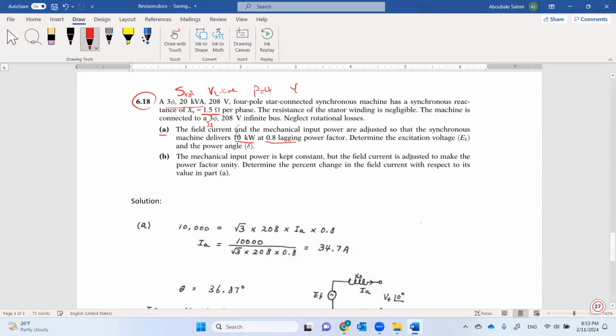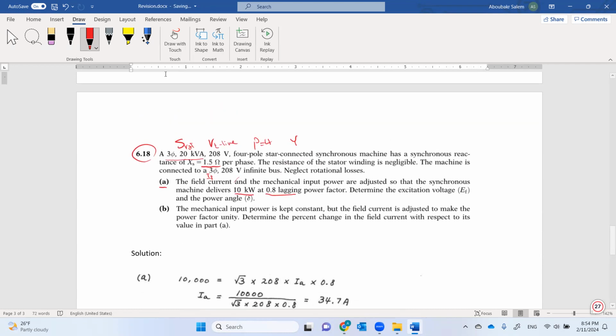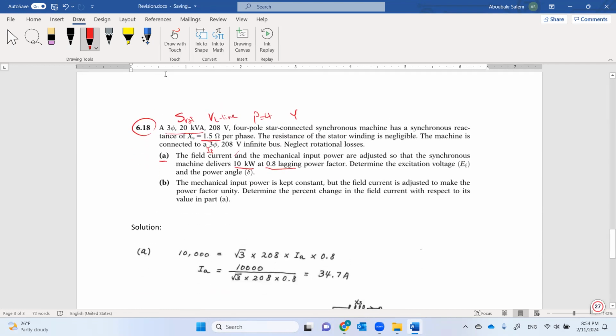We have 10 kilowatts and we have 20 kilovolt ampere. What's the difference now? Actually, 20 kilovolt ampere, guys, is the rated value of this machine, but it doesn't mean that all of the time the machine is going to work at this power. So, for instance, if you have an air condition at home, you can control the air condition temperature, and according to the temperature, it will absorb a certain power.